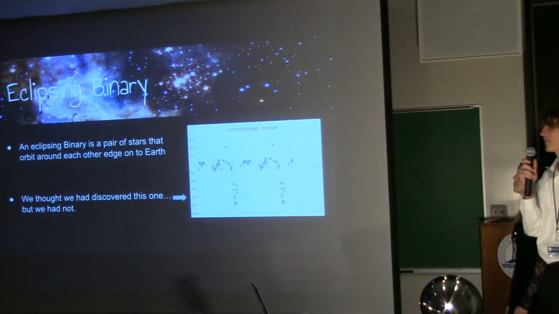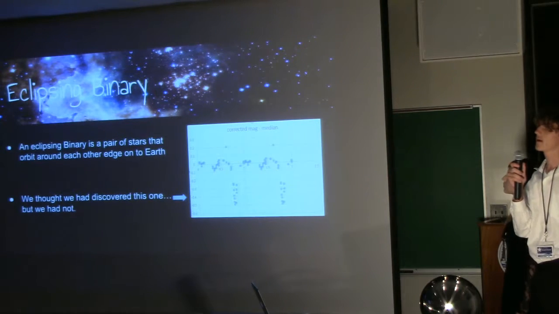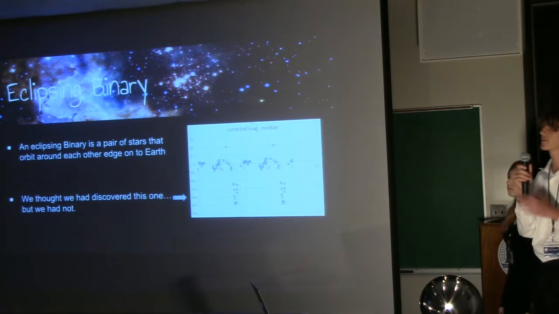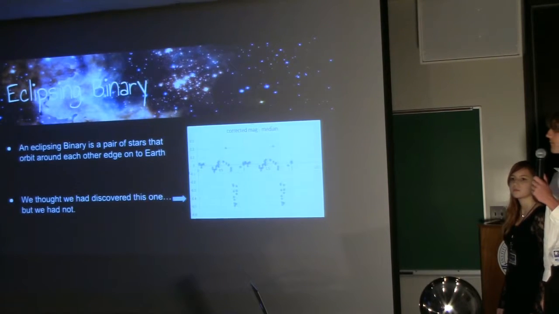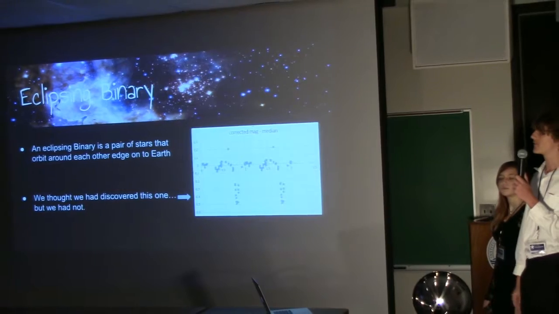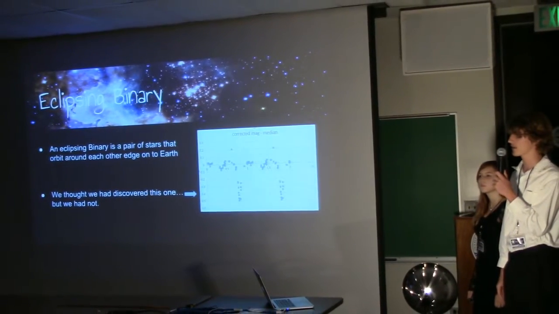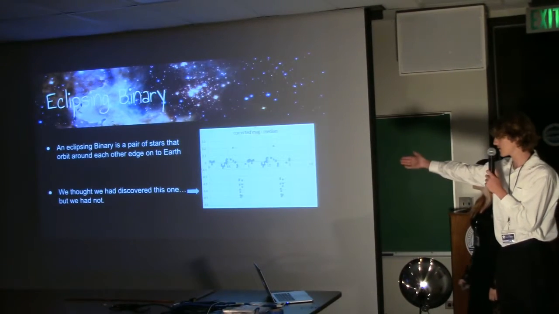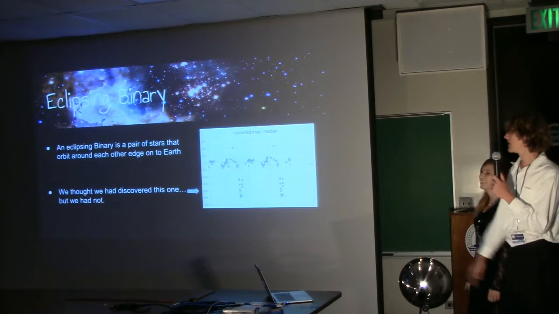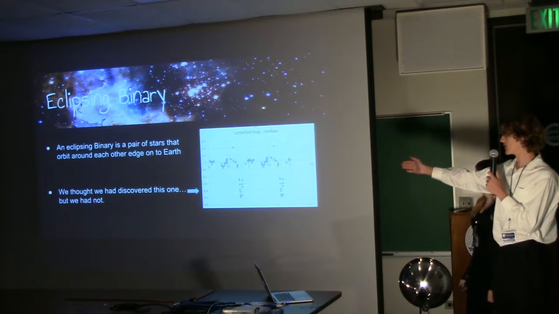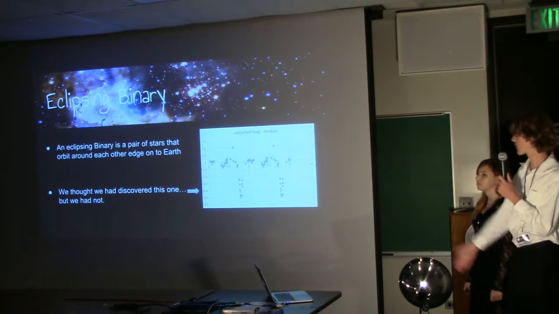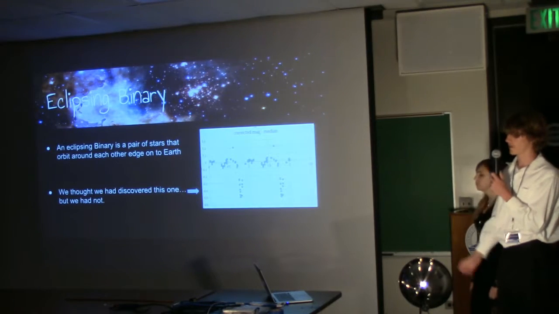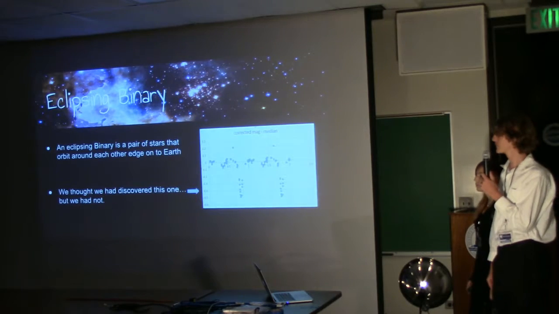So not every pair of stars in the sky would be considered eclipsing, because, for example, if we have a binary pair perpendicular to us, the two stars will not cancel out each other's brightness, as you can see here in this graph. It is flat, and then once one of the stars goes behind the other, the brightness drops drastically before coming back up as the star moves out of the other star's shadow.